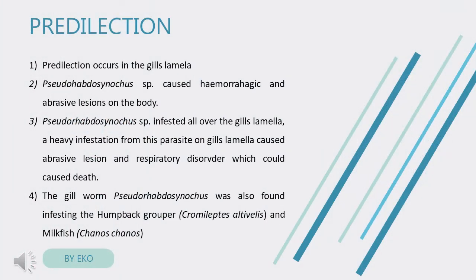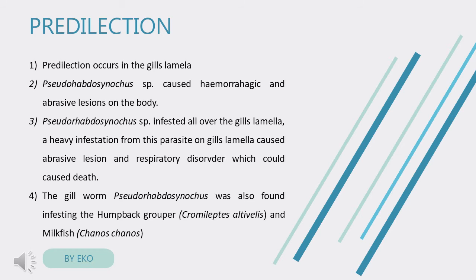Predilection of species Pseudorhabdosynochus. First, predilection occurs in the gill lamella. Second, this species causes hemorrhagic lesions and abrasive lesions on the body. Third, Pseudorhabdosynochus sp. infests all over the gill lamella.